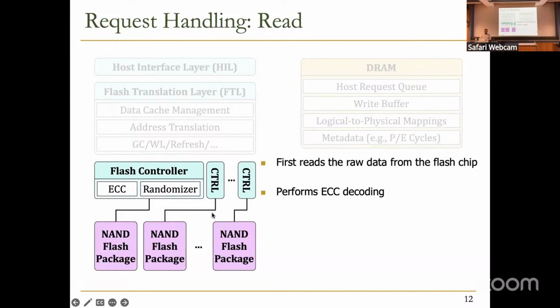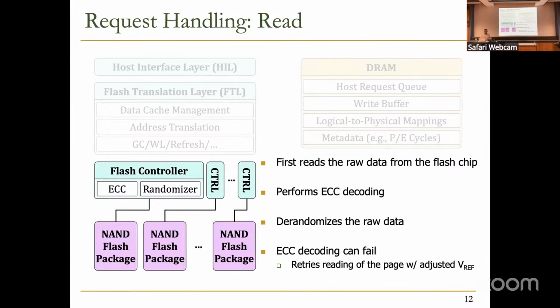You get the data, and then you need to perform ECC decoding. The flash controller does this ECC decoding, checks if the data is correct, and also does the de-randomization.